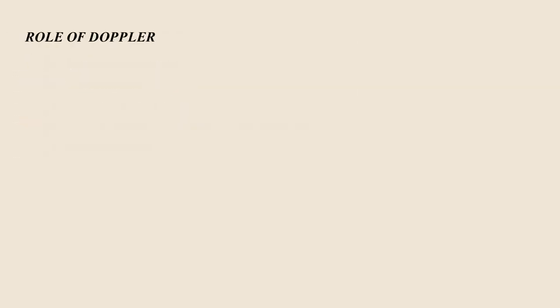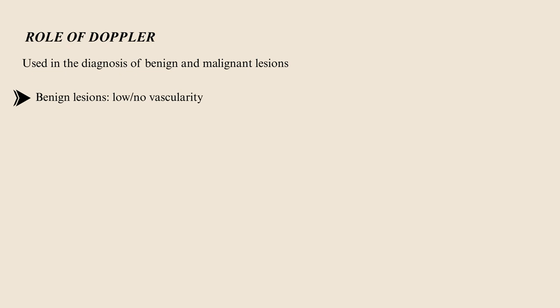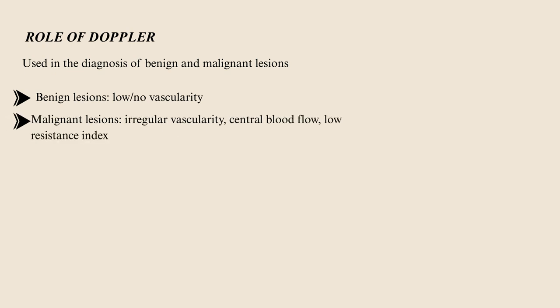Role of Doppler in the diagnosis of benign and malignant lesions. In benign lesions, there is low or no vascularity, while in malignant lesions, irregular vascularity is there with central blood flow and low resistance index. It helps in differentiating cystic versus solid and benign versus malignant.